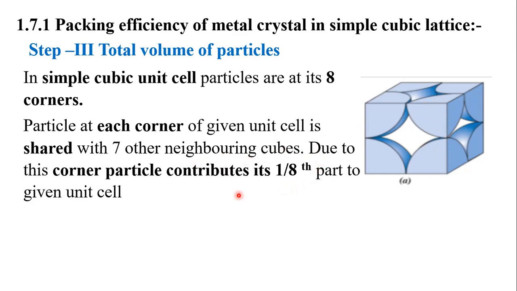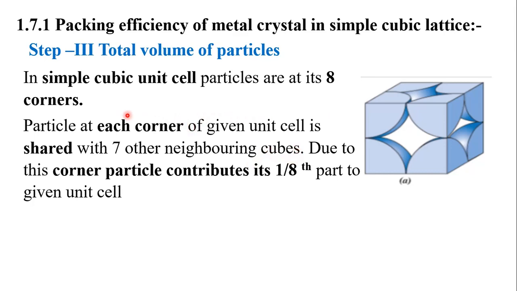Due to this, the corner particle contribution to this particular unit cell is 1 by 8. Only 1/8 part of the sphere is contributed to this particular unit cell. So the particle at each corner of the given unit cell is shared with 7 other neighboring cubes.